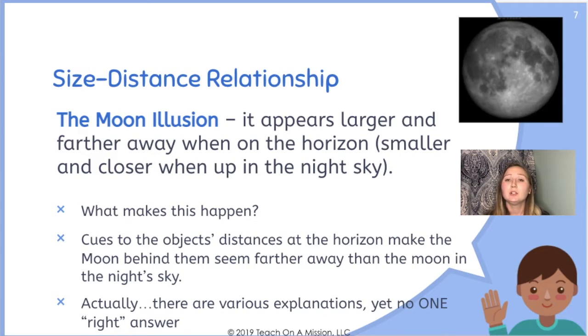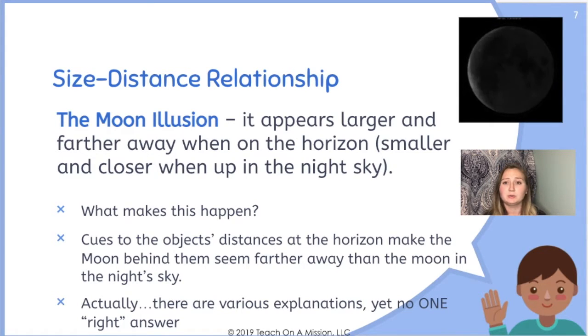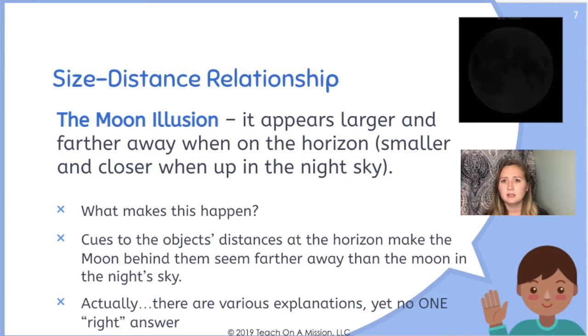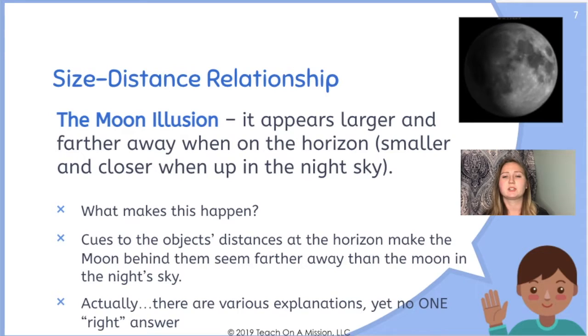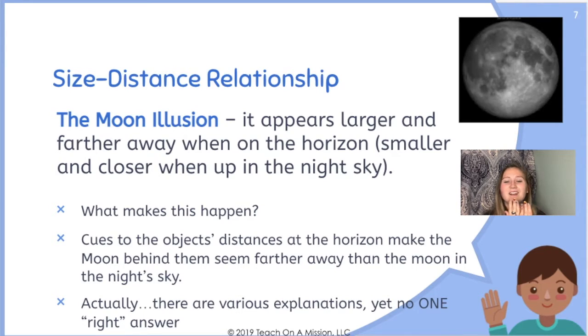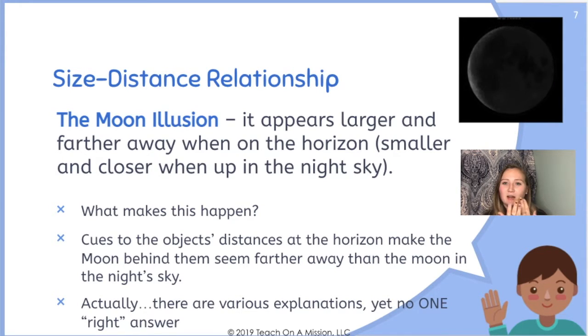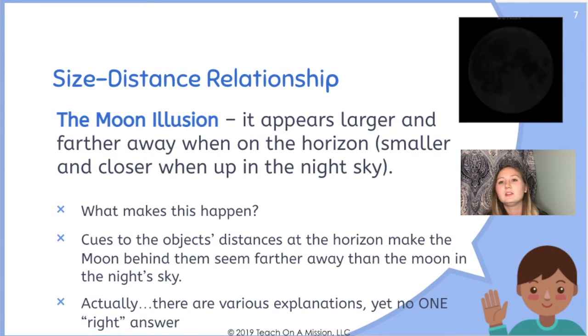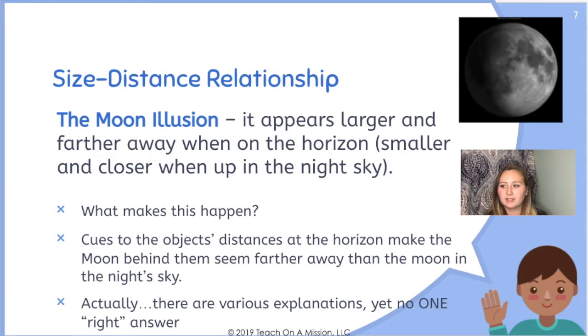So for example, you see things in front of the moon when the moon is at the horizon because you're having to see it through trees or through buildings or whatever it is. There are things in front of it. And so your brain perceives that when something is in front of something else, the object behind it is further away, versus when it's up in the sky and it's not obscured by anything, you don't perceive it as being further away.